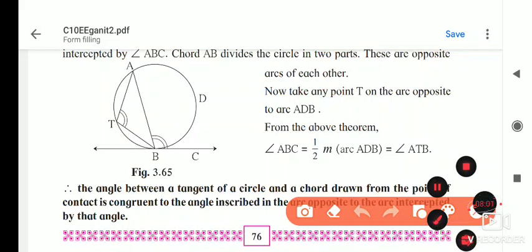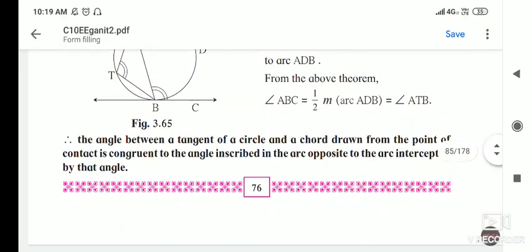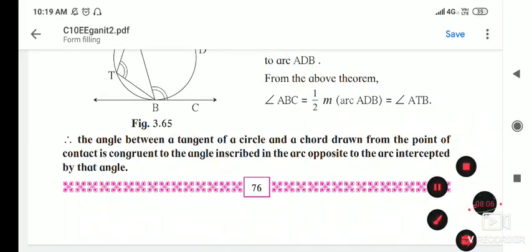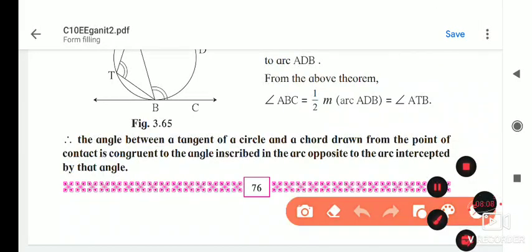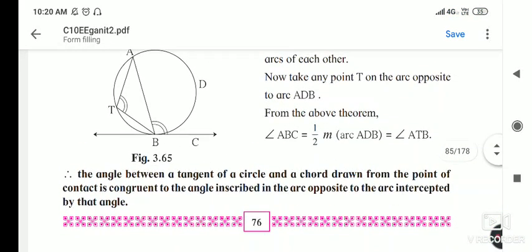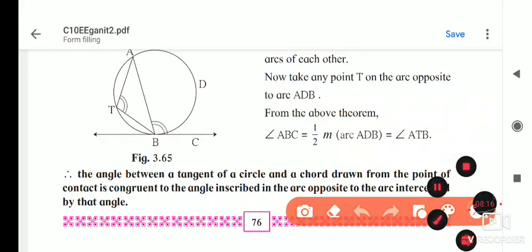Then the angle at the point of contact is congruent to the angle inscribed in the arc opposite to the arc intercepted by the angle. So that is our statement.